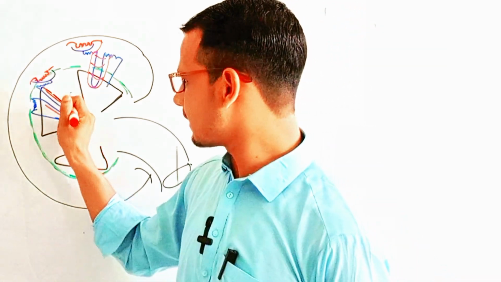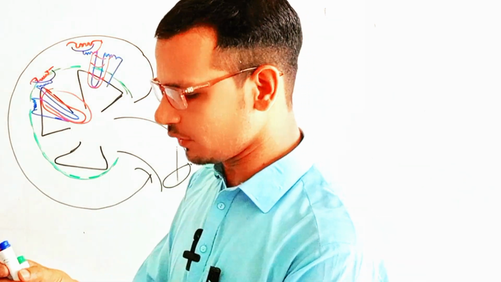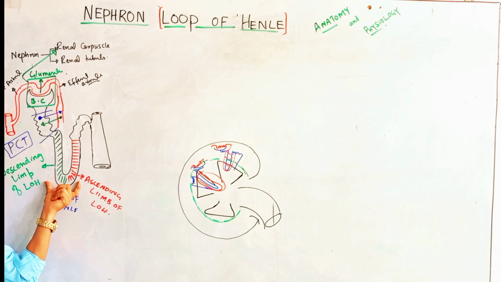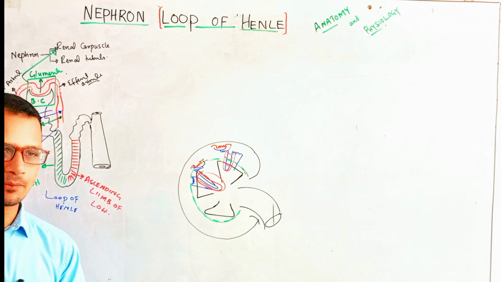So we will discuss this loop of Henle in detail now, but before going to physiology, this loop of Henle also has cuboidal epithelium. What is the difference between the epithelium of the proximal convoluted tubules and the loop of Henle epithelium?